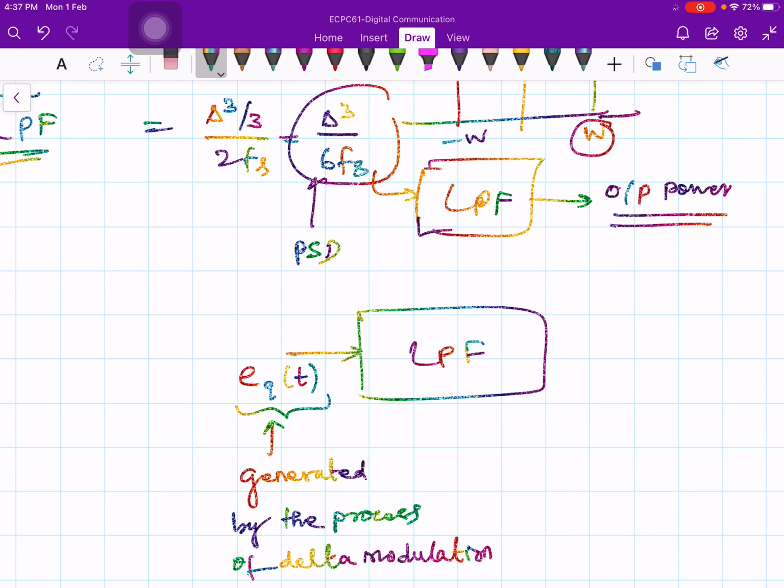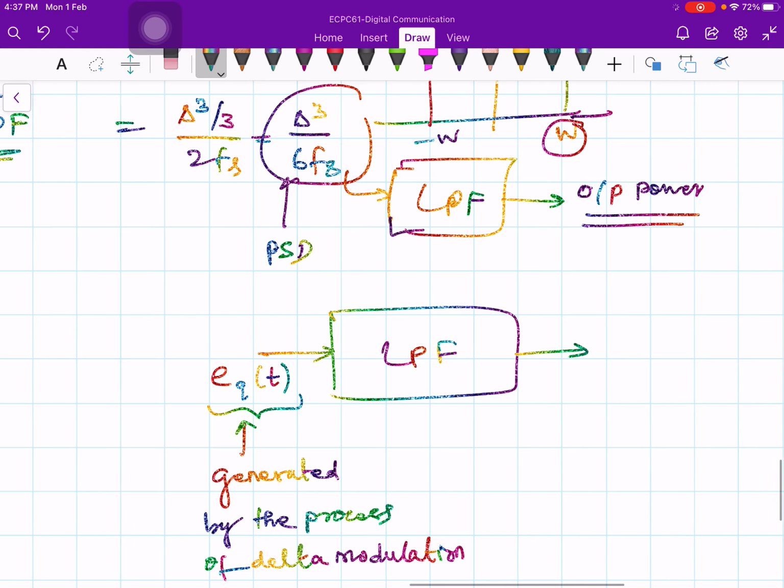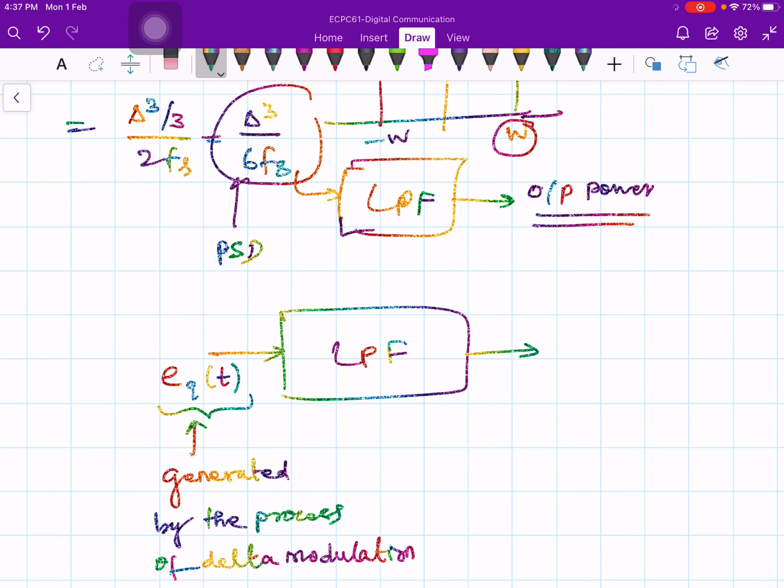And once you pass through the low pass filter, the output also contains a certain amount of noise. Let me denote this noise as n suffix q of t, which is finally observed after low pass filtering. So this is the amount of noise at the output of the low pass filter.